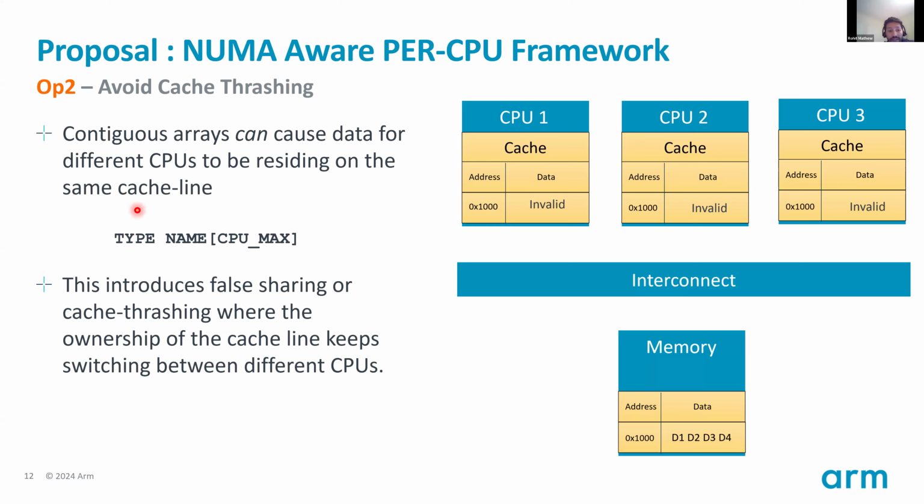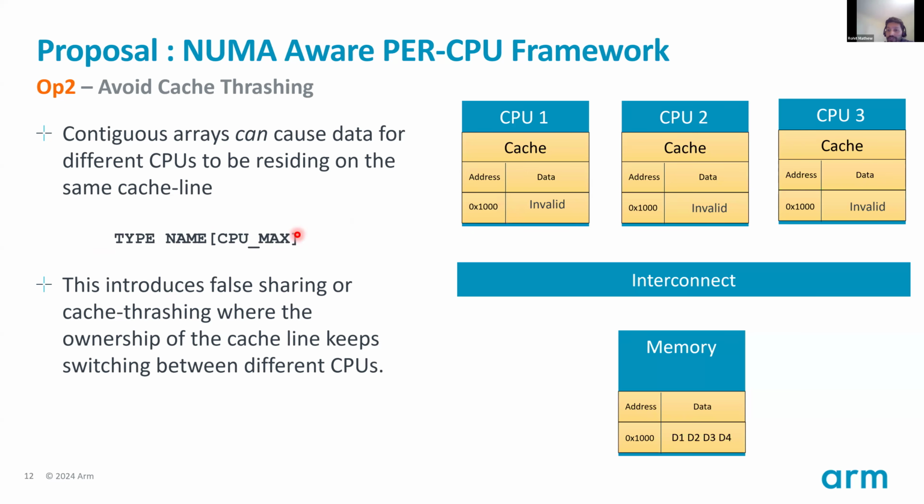These are all defined in this fashion, where we have type, name, and then it's an array of CPUs. So if we have 16 CPUs, it's just contiguous 16 objects in memory. Now, what happens is this can lead to false sharing, or what we call cache thrashing, where the ownership of a cache line keeps switching between CPUs.